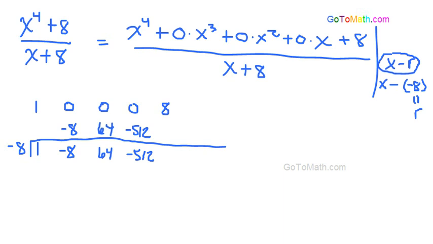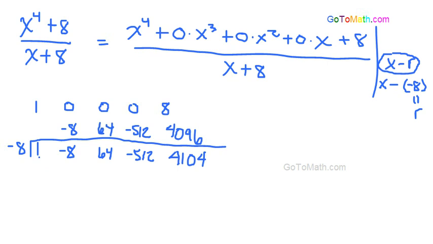Of course, that's a negative times a negative, so that makes it positive, and that's going to be 4096. Then we add those two together, 8 plus 4096, and I get 4104.